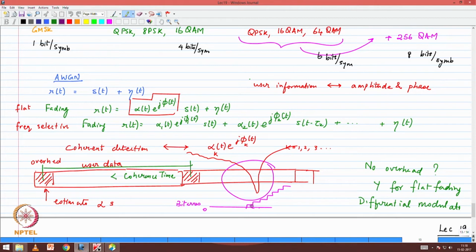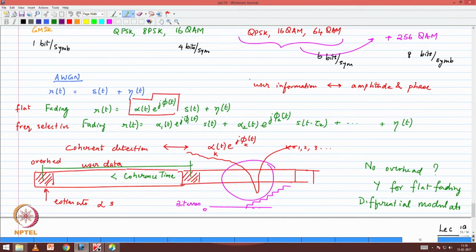But once you hit the fade, what happened? Your channel tracking started making errors. And because your channel tracking started making errors, your decision started to be wrong. And therefore, beyond that point, error basically keeps piling up, and you don't have a way of recovery until you get to the next training section where you can re-estimate the channel.